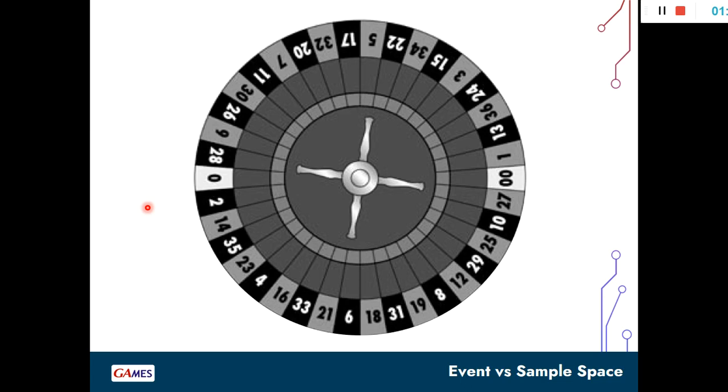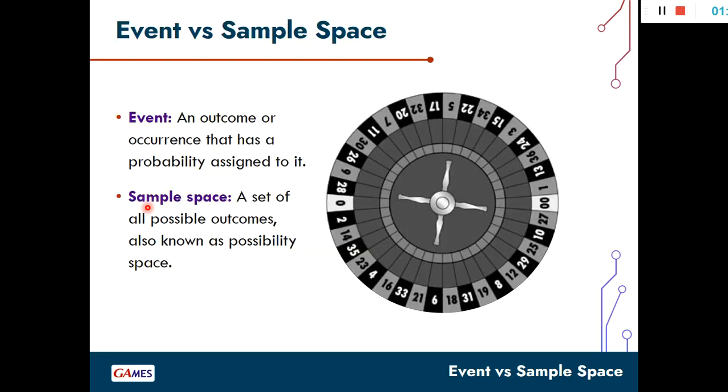What's the probability that a ball will fall into 8? To get that, we need two things. We need the number of outcomes we can have in this scenario, and we also need the total number of outcomes that are possible in the sample space.